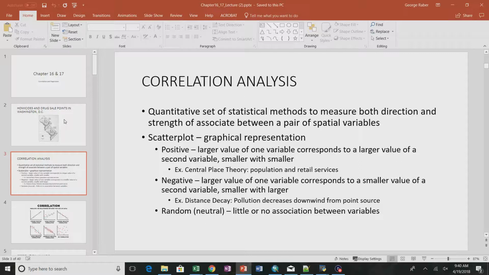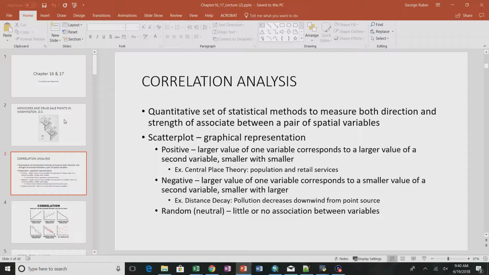A non-spatial example: for a long time we knew that people who smoked a lot also had more lung cancer.